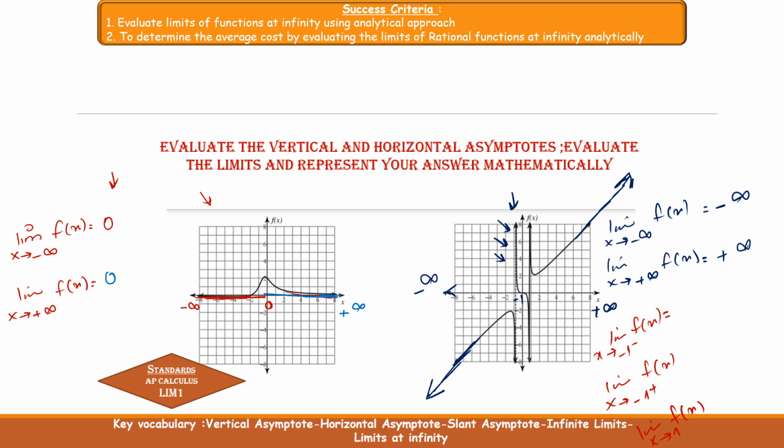Okay, this is our left side, right? Left side here, because this is my left hand and this is my right hand. So on the left side of negative 1, where is the graph going? The graph is going down. That means it is equal to negative infinity. Now on the right of negative 1, the graph is going up, so it is positive infinity. So from both sides, the limit does not exist.